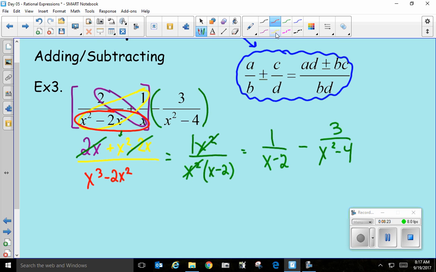So now, here's where you need to be careful. This is a negative 3. So when I multiply this times my 3, I've got to make the negative distribute with it as well. Here's a little something you can do to make it easy for yourselves.